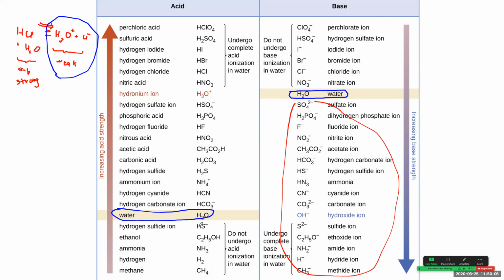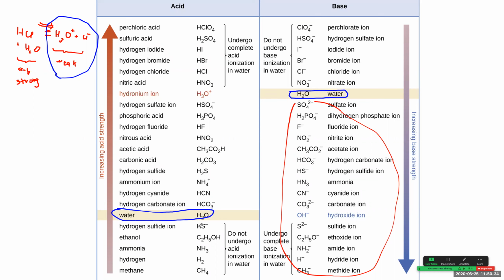So here's the acidity of water. Everything above this is a stronger acid than water. Everything below is a weaker acid than water. So these substances do not undergo acid ionization. They don't lose a proton in water because water is a stronger acid.